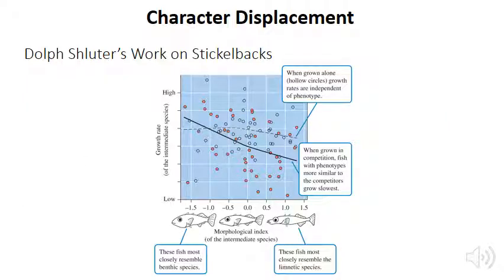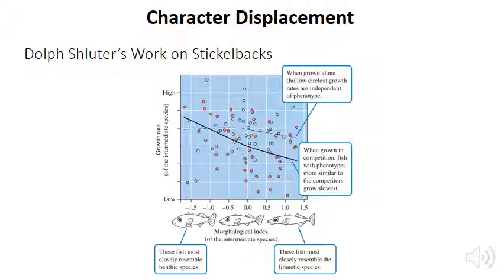What Schluter did was initially grow a range of those stickleback species, ranging from benthic to limnetic in their morphology. He grew them individually in very similar lake environments. He found that when grown individually, their growth rates were independent of their phenotype, so different phenotypes grew at roughly equal rates.